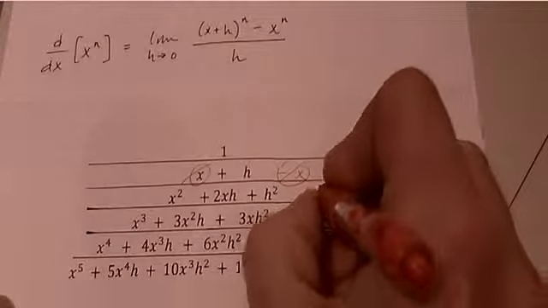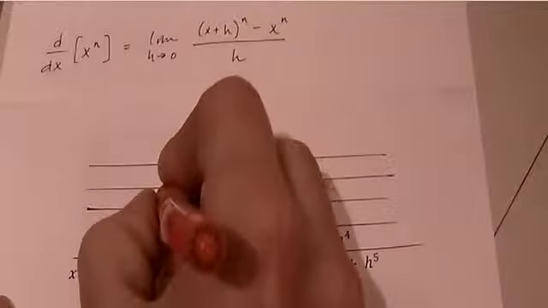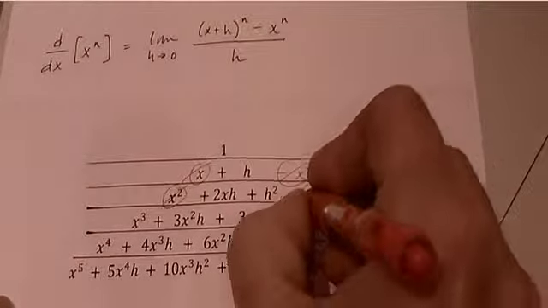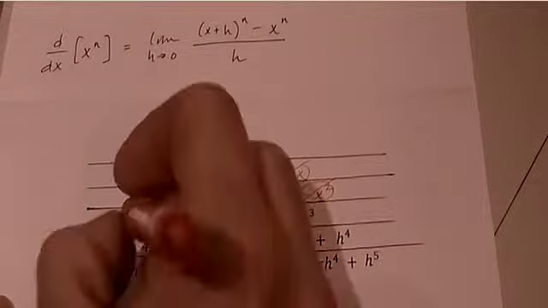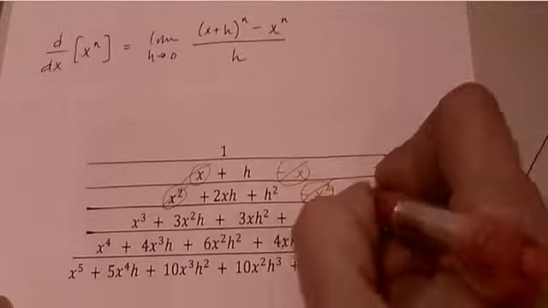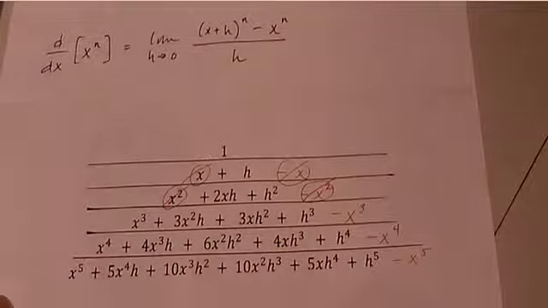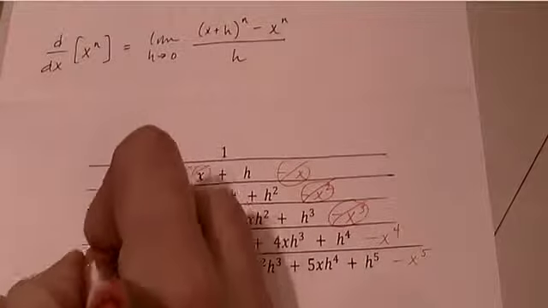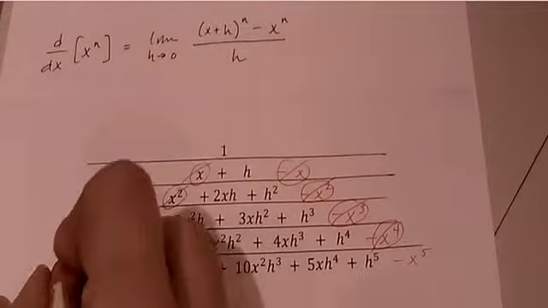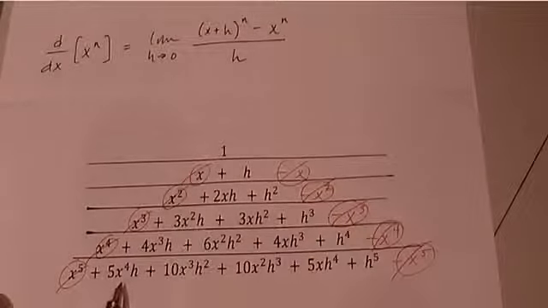I know that on this row, that numerator is going to also have a minus x squared, which means that after you do the binomial expansion, you're left with 2xh plus h squared. In here, you're going to have minus x cubed. On the fourth line, you're going to have minus x to the fourth, and on the fifth line, you're going to have minus x to the fifth, and so on and so on. And of course, that always cancels with that first term of the binomial expansion, leaving what's left in here.